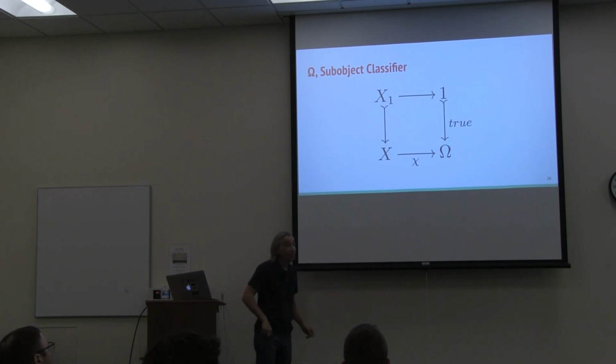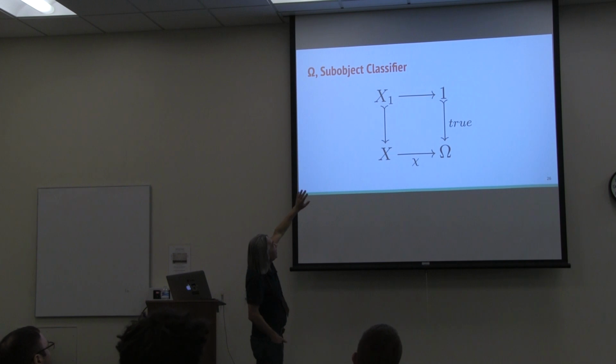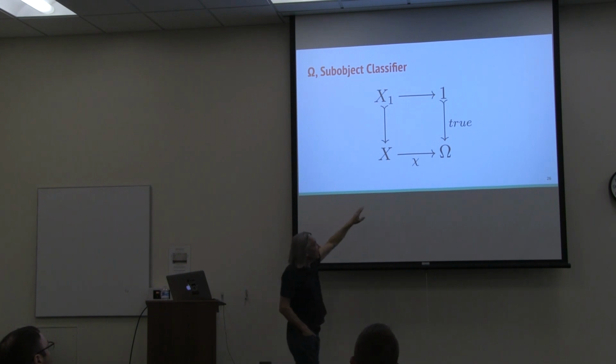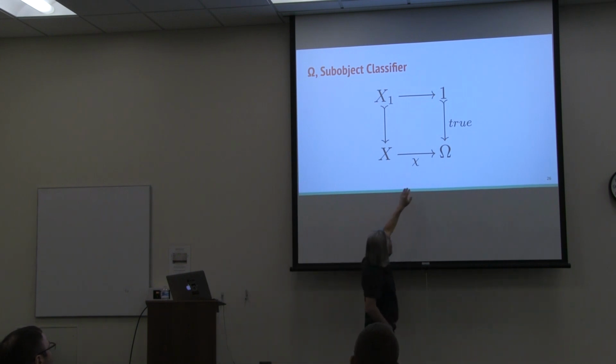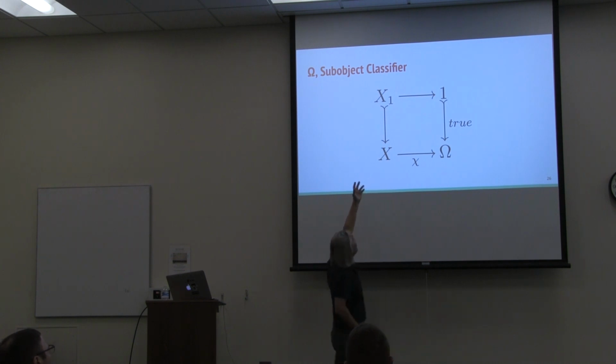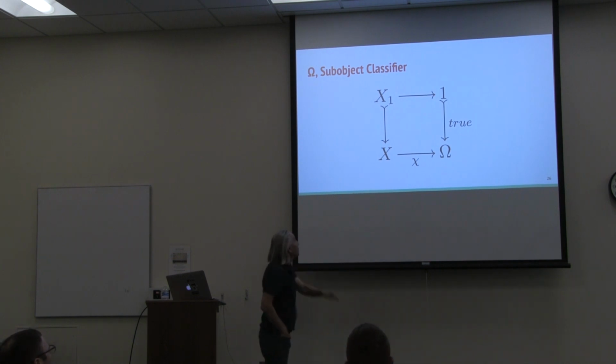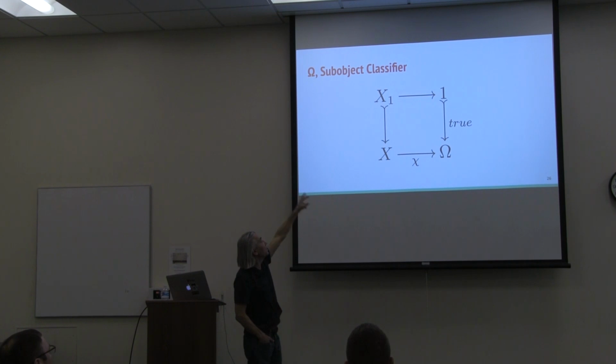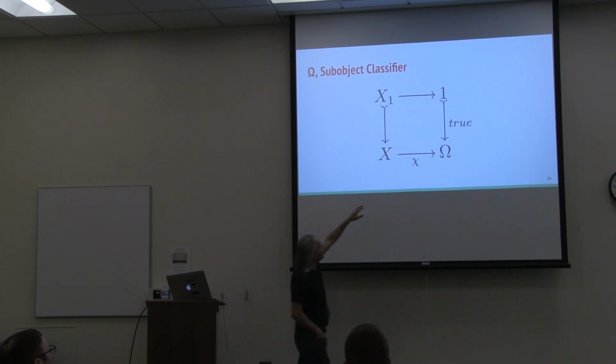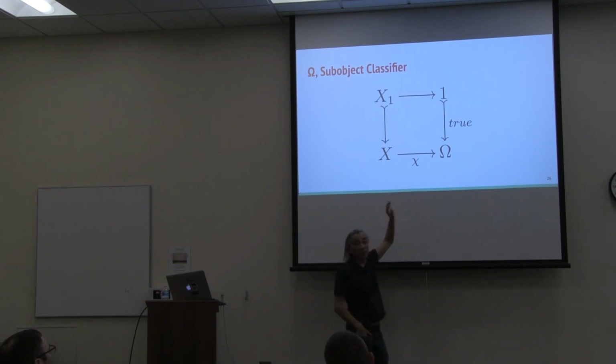Any arrow from 1 is a monomorphism. Such that for every pair of object x and subobject x1, there's a characteristic arrow from x to omega such that the whole thing is a pullback. So x1 can be retrieved by having this characteristic arrow.